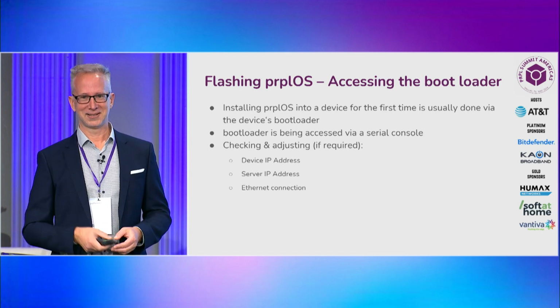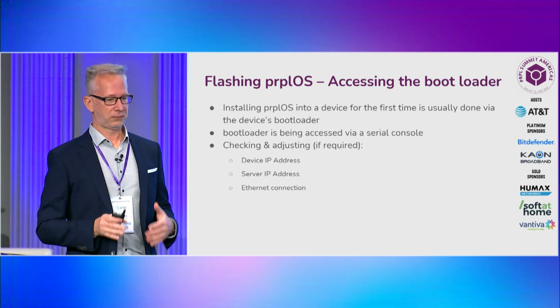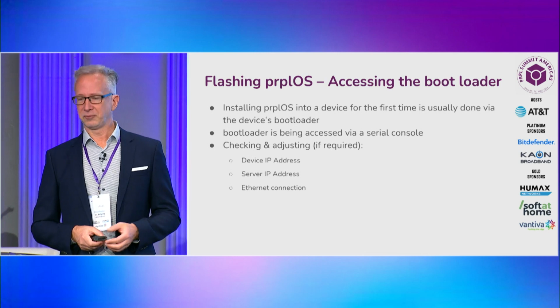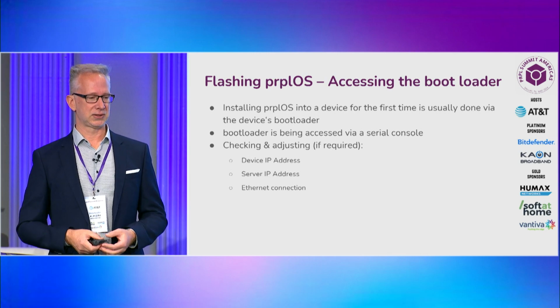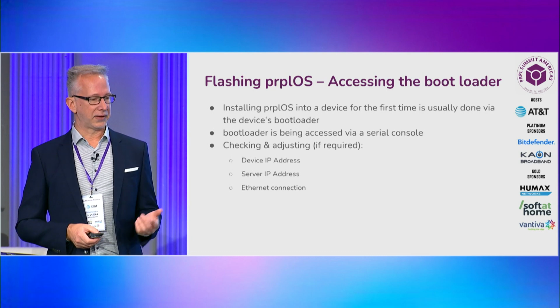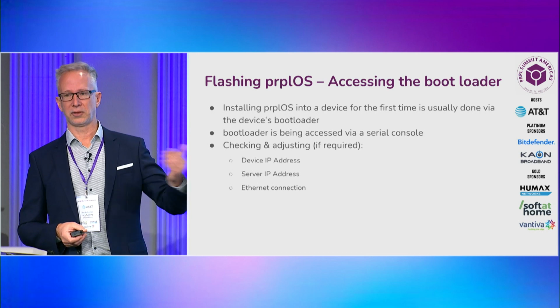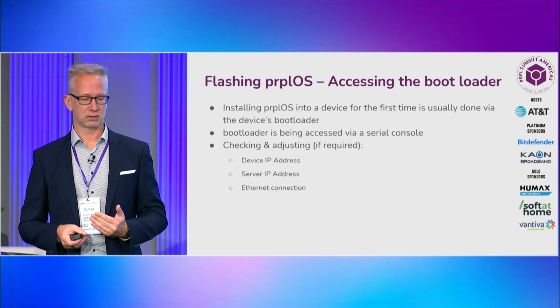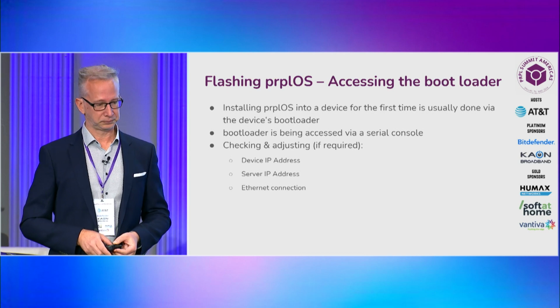Yeah. This is also one of the activities he's going to talk about later. But for the time being, processes are a little bit different. But usually what happens is you access the bootloader, and then you have to do some settings, pull in the firmware via an Ethernet connection, and then you're good to go.